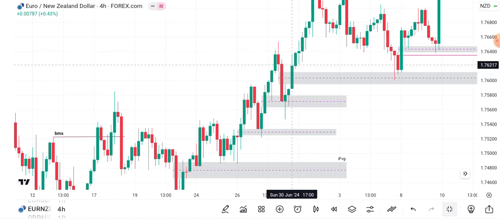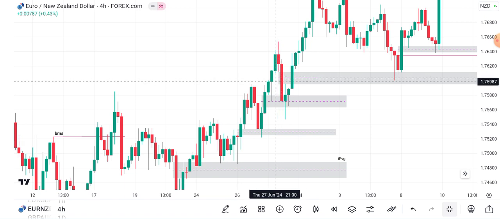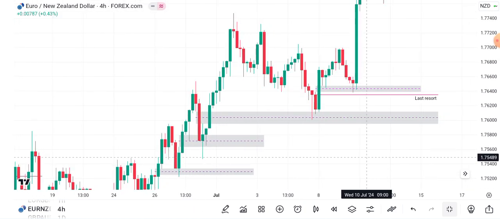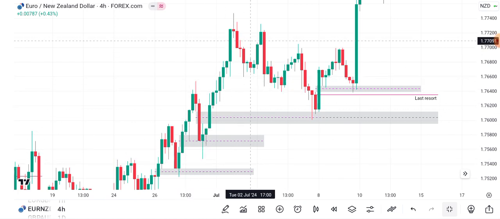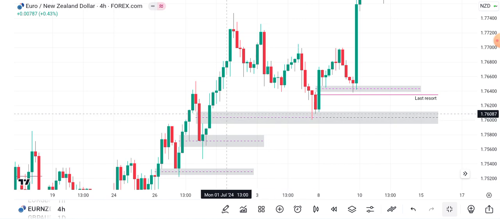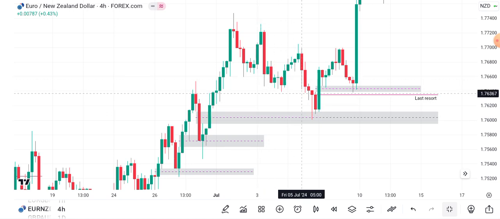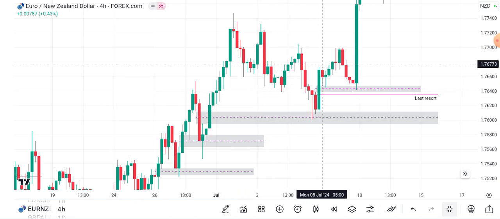It went higher and entered into this fair value gap again. Can you see? There's a fair value gap and an inversion fair value gap. Price broke here, retraced, entered. Broke here again, came back, used this place as a means to still go higher, to support price higher.